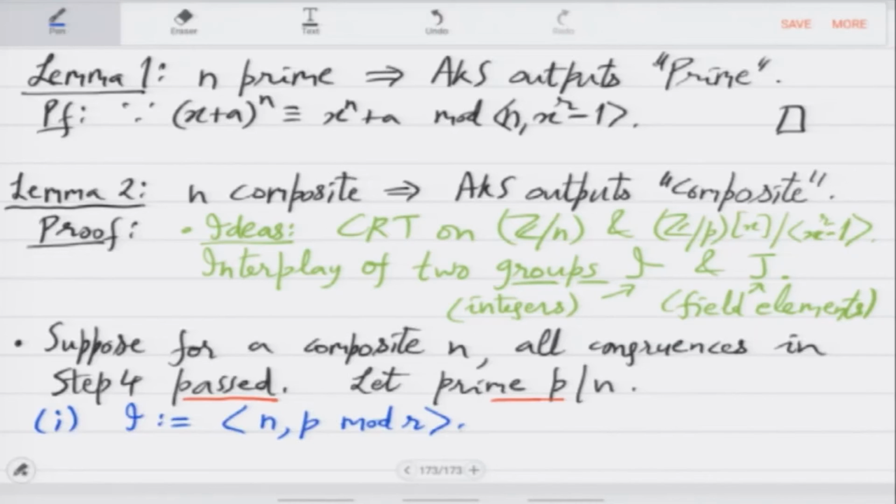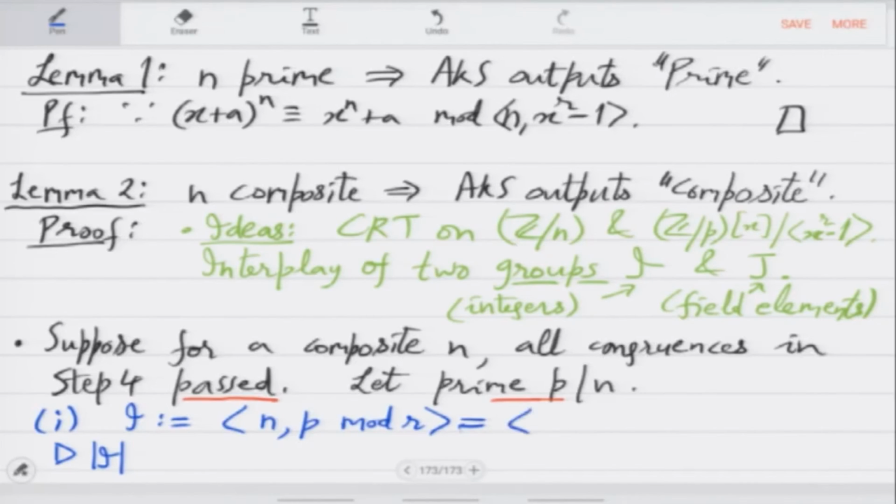Note that the size of this group, well, what does it contain?